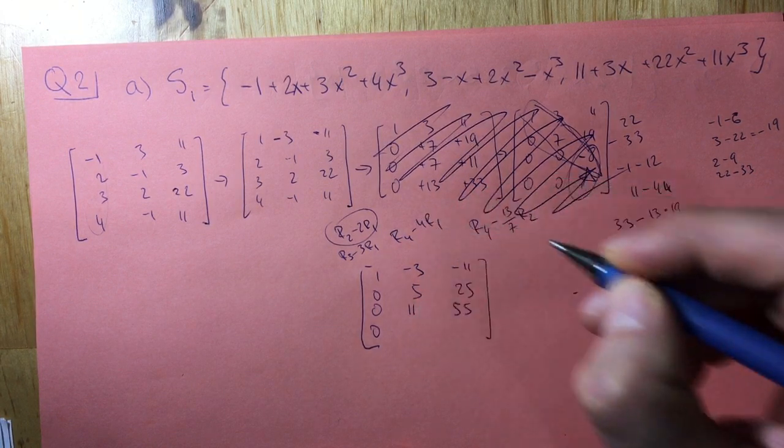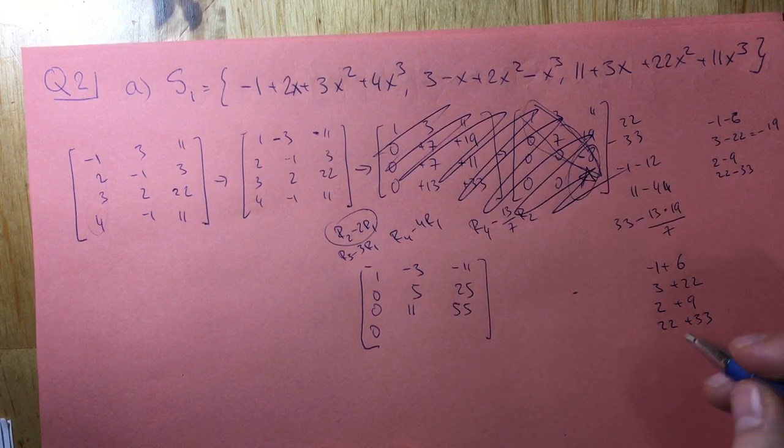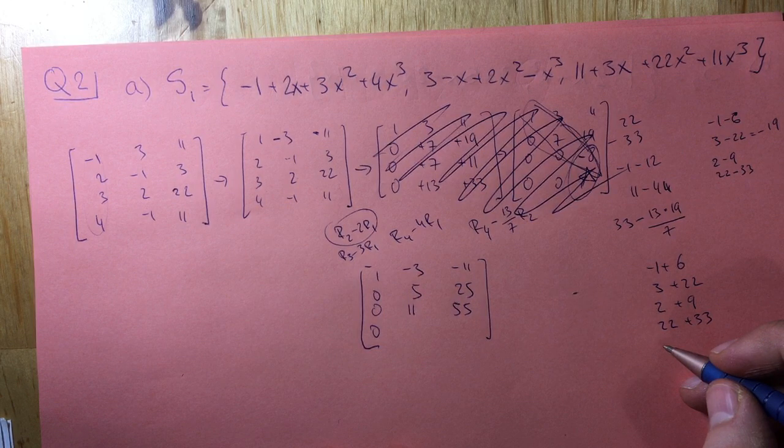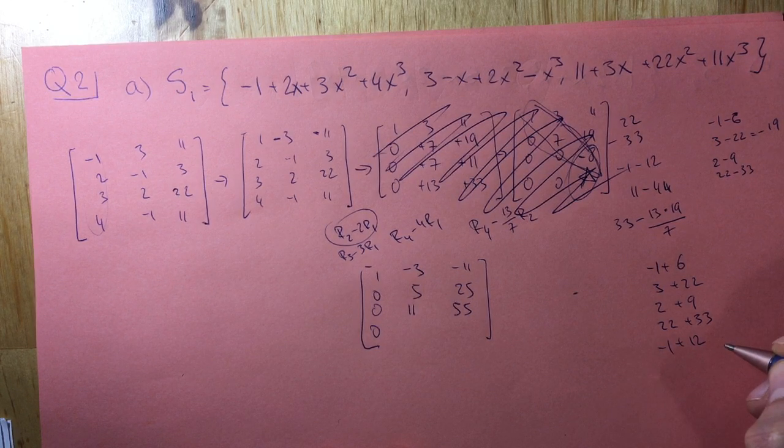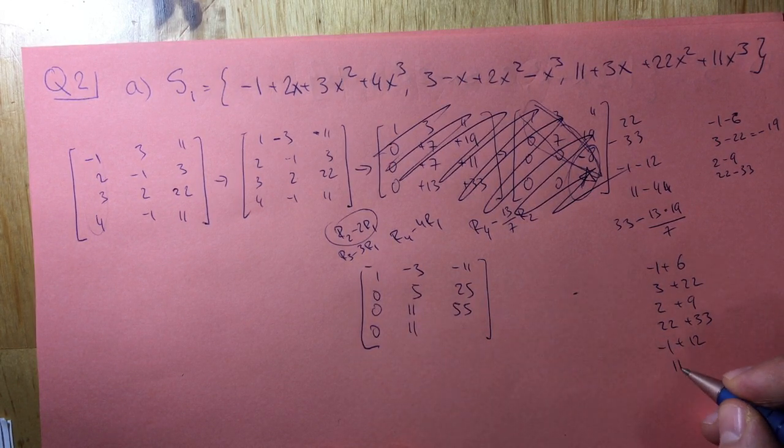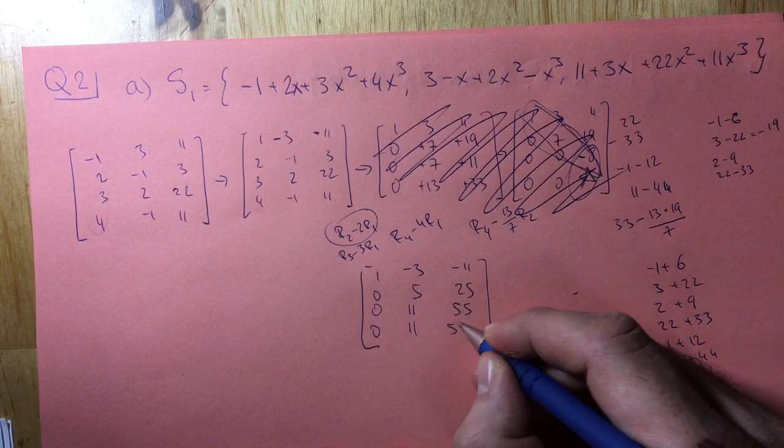Minus 4 times 0, 1. Negative 1 plus 12 is 11, and then 11 plus 44 is 55.